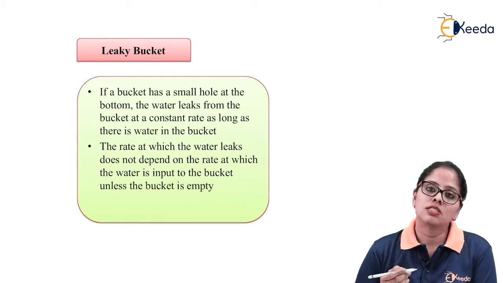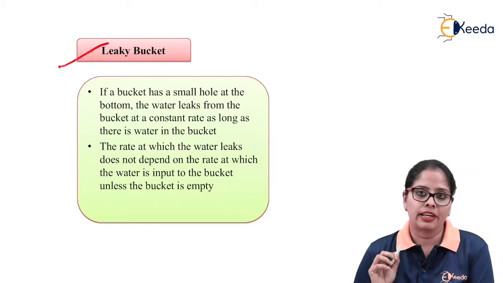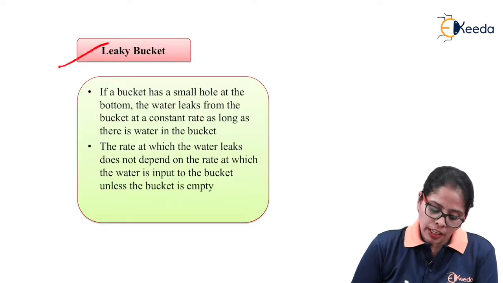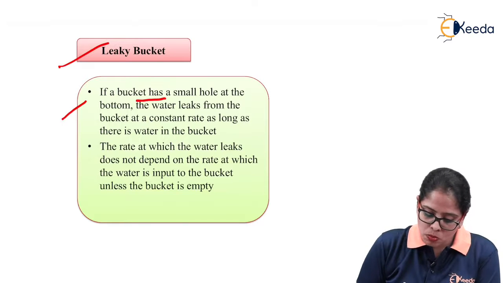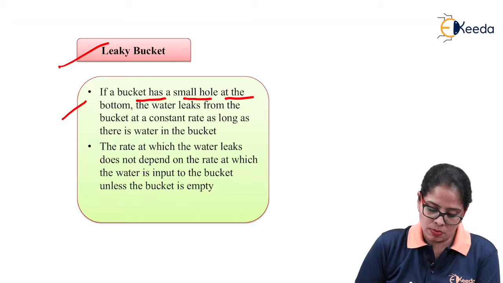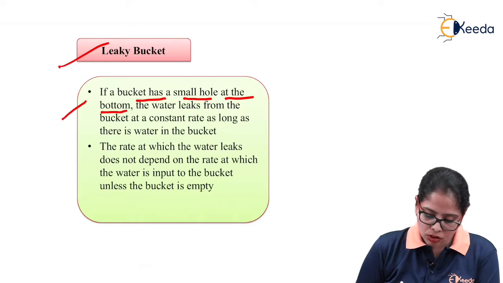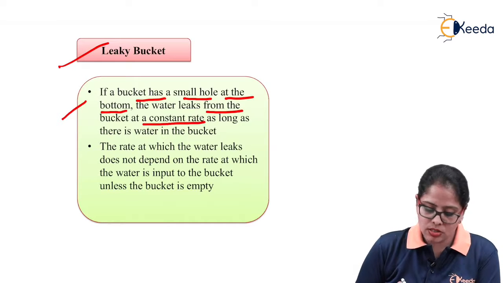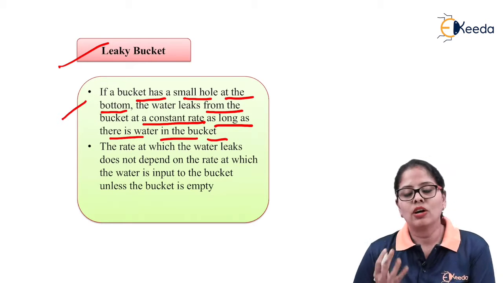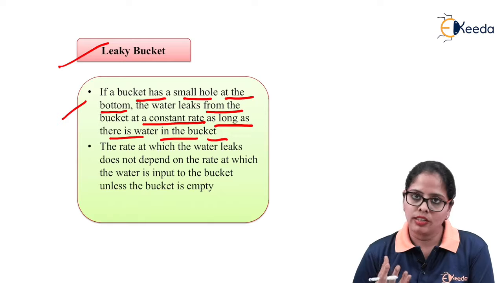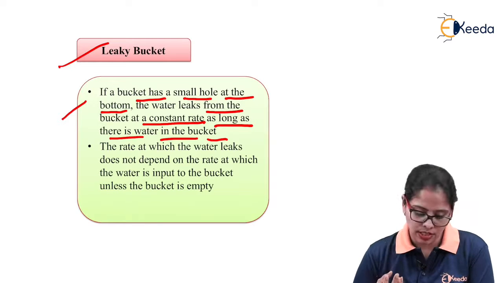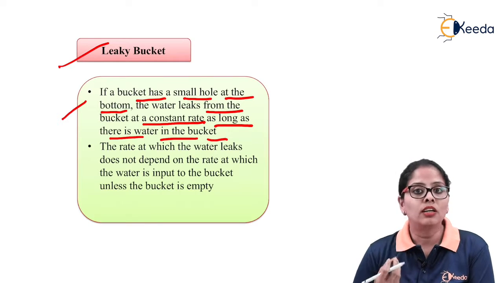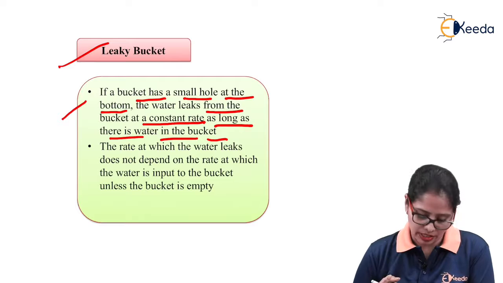So now let us discuss the leaky bucket, technique number 1. If a bucket has a small hole at the bottom, the water will leak from the bucket at a constant rate as long as there is water in the bucket. So as you know, if we take a bucket of water with a hole at the bottom, the water will leak at a constant rate.